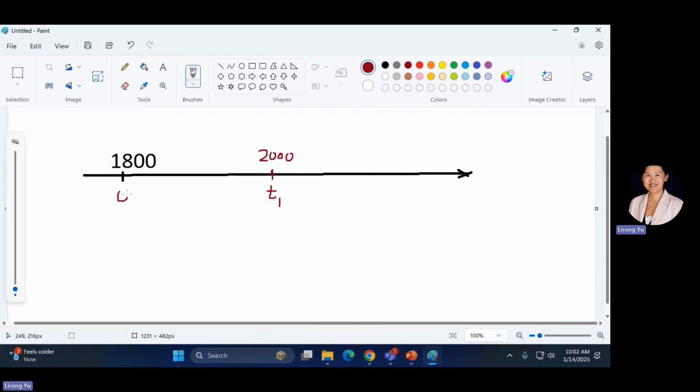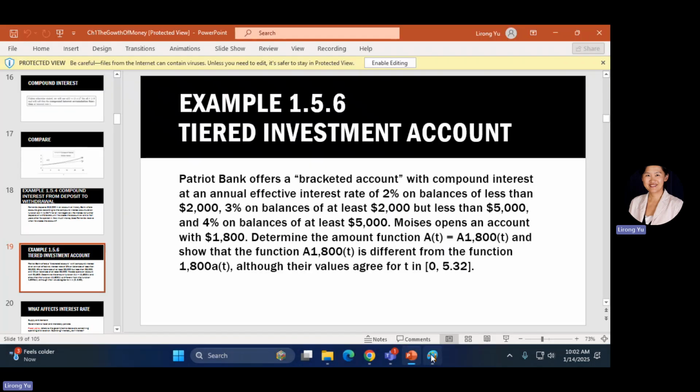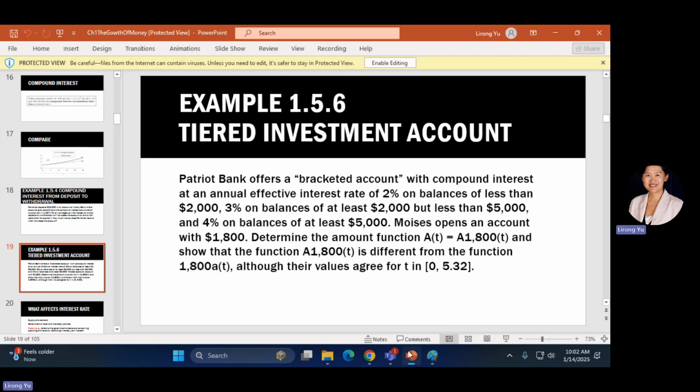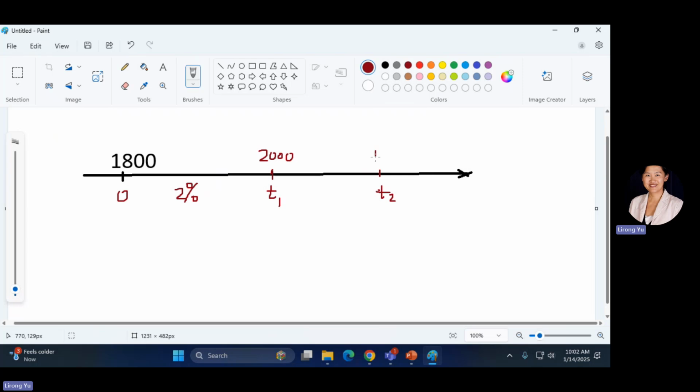Between 0 and T1, the interest rate is 2%. And then it starts growing until a time, let's call that T2, when the balance grows to 5,000. This is a balance, not the change.